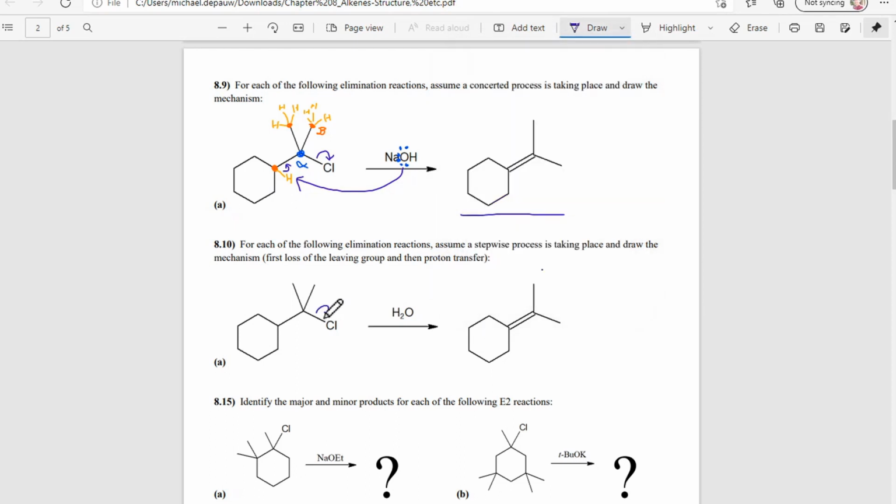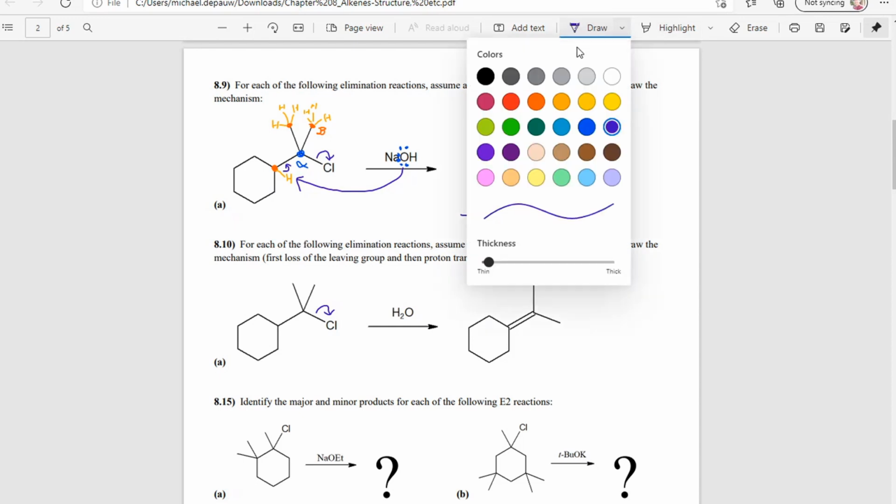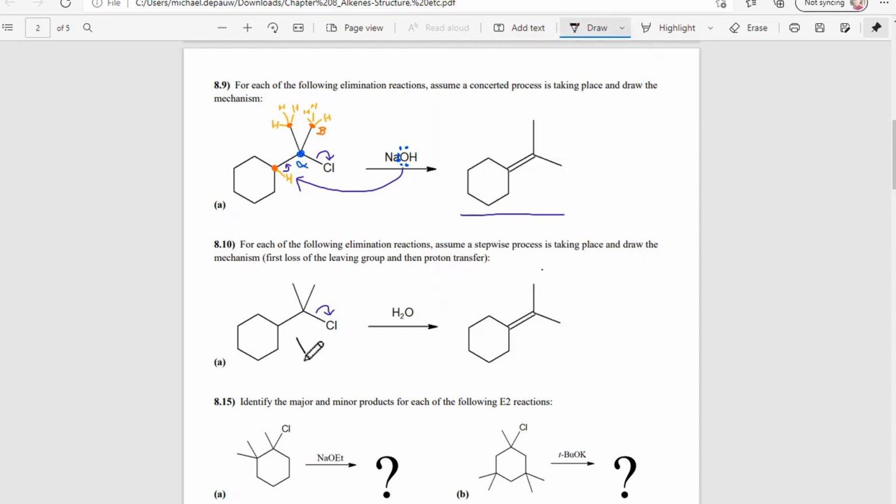And that's going to give you this intermediate. You get positive charge on a tertiary carbocation.